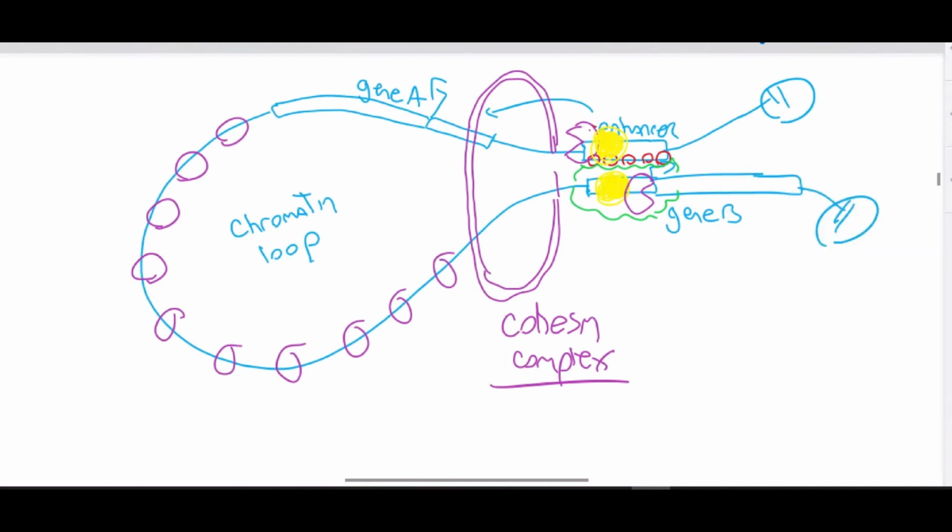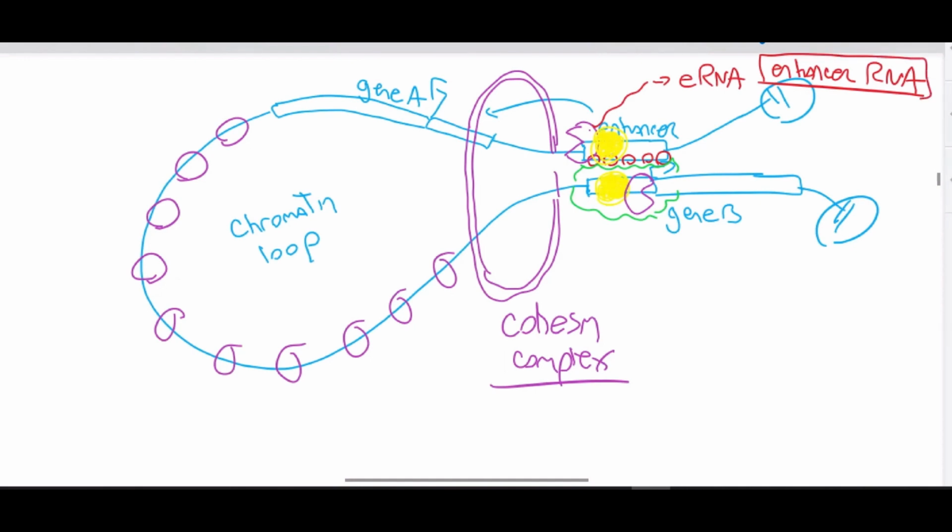And okay, they are transcribing RNA using the enhancer as the template, and that RNA is going to be called an enhancer RNA. Okay, so we have these enhancer RNAs.